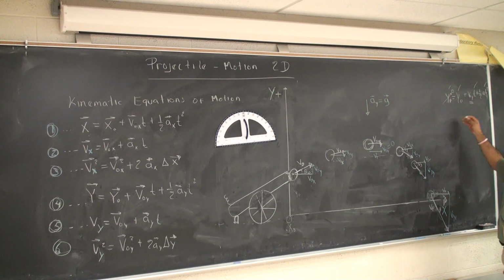So it's going to be very important. Let's see this. I have 0 equal y initial, whatever that value is, plus velocity initial in y times time minus 1/2 of gravity times time squared. I have everything except this.